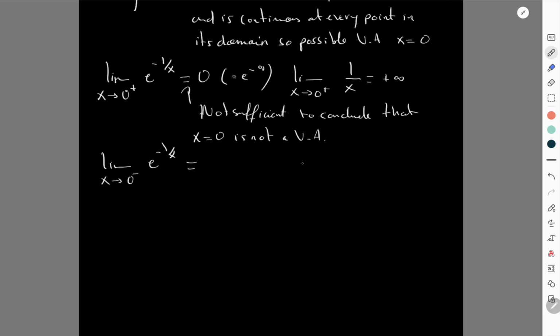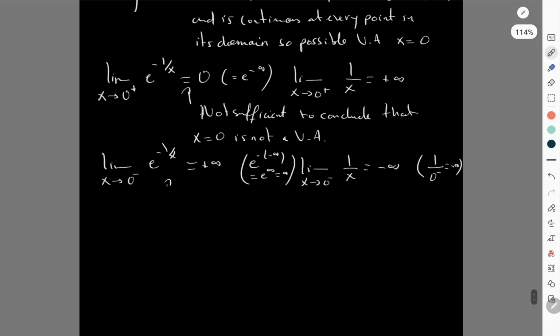Now what is this? As x goes to 0 minus, 1 over x will be minus infinity, right? Why is that? Because 1 over 0 minus is minus infinity. So what do we have here? We have e to the minus minus infinity. So I have e to the infinity, which is infinity. So this limit is infinity.